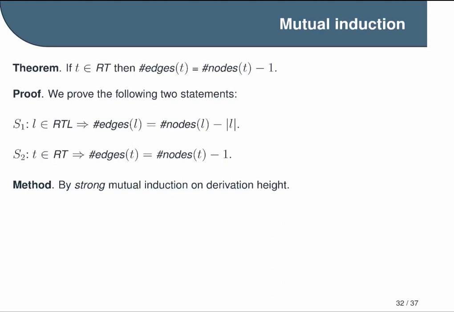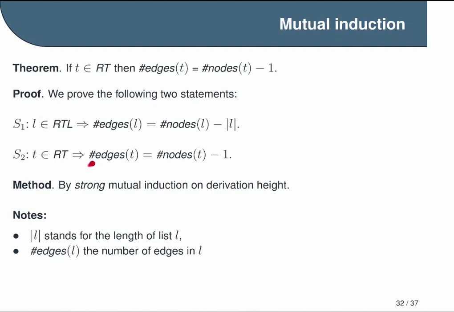Now, just to make sure I don't lose anybody on notation, I will go over some of the conventions we've adopted here. I've been reading these aloud, so they're probably pretty clear, but just in case, the vertical bars around L stand for the length of the list L, and the pound sign edges means the number of edges in L, and that's true whether L is a tree or a list.